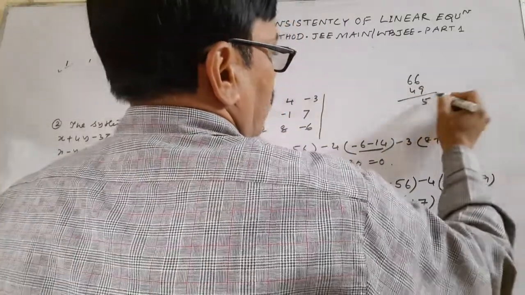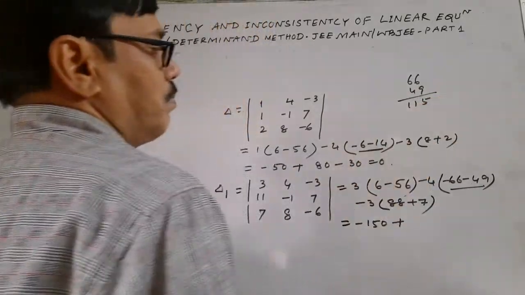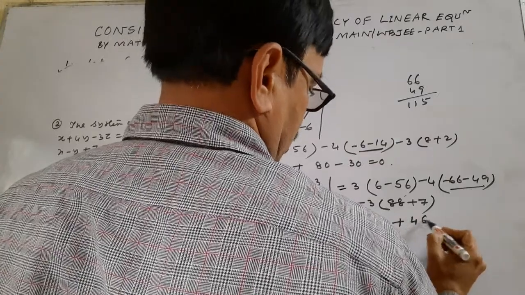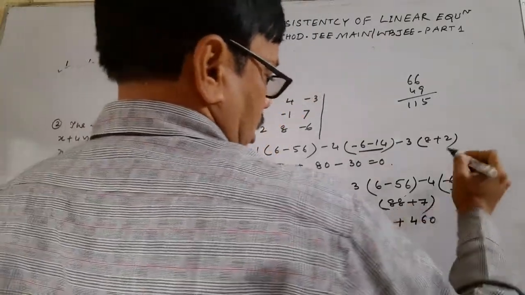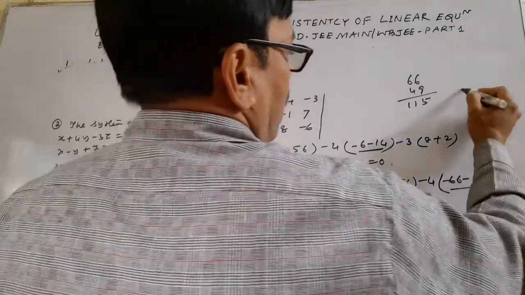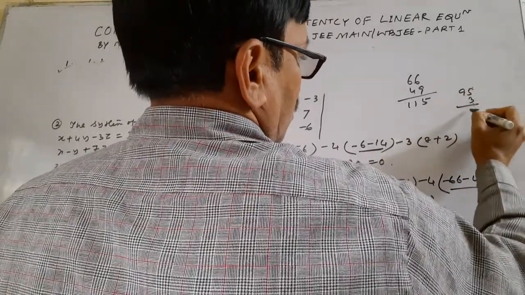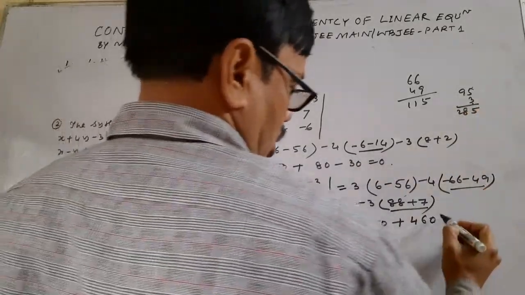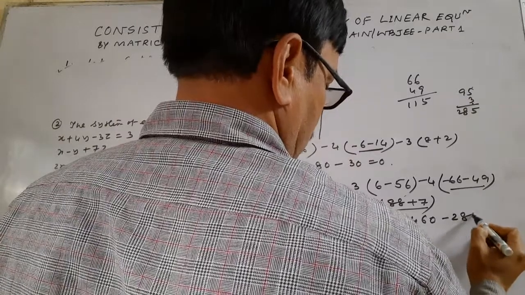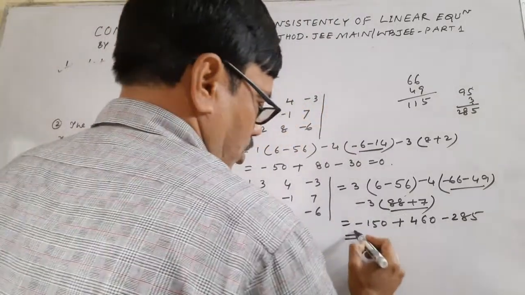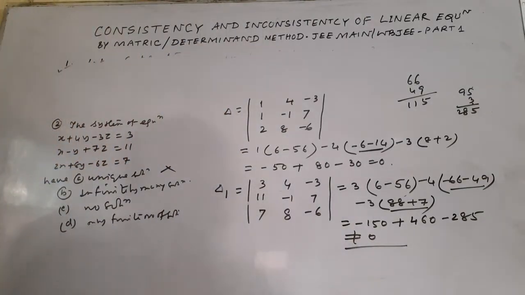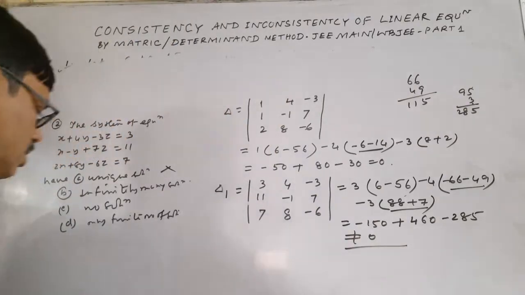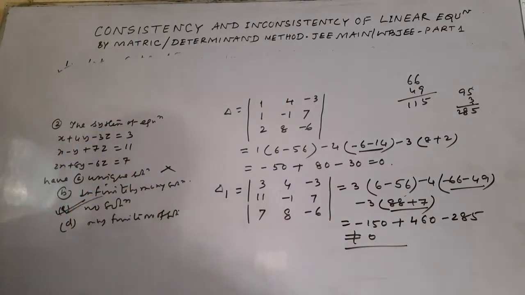If you add, 115 into 4, so 460, and 95 into 3, so 285. So this is minus 285, which is not equal to 0. If any one of the delta i is not equal to 0, there are no solutions. So C is the possible option.